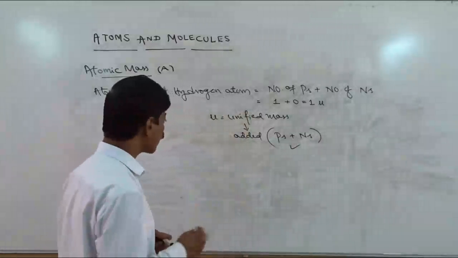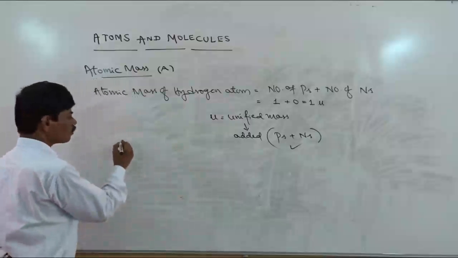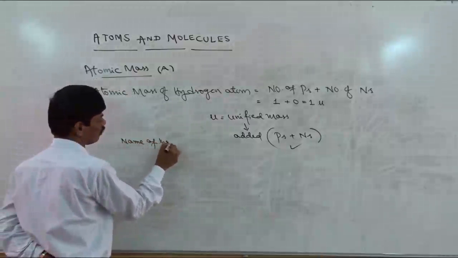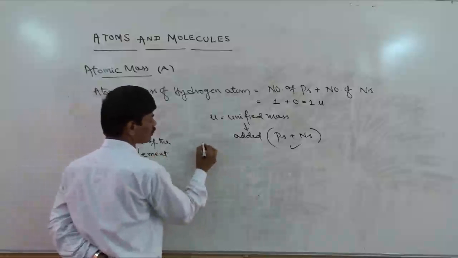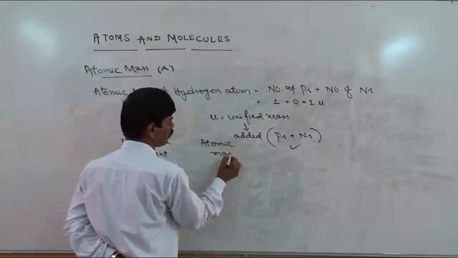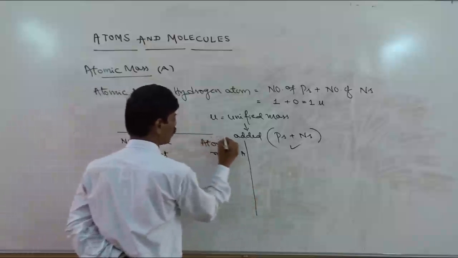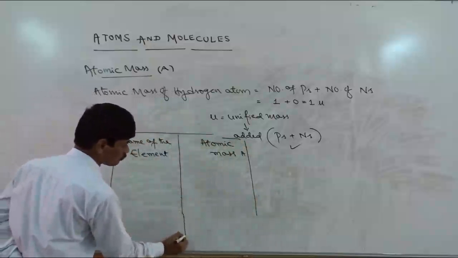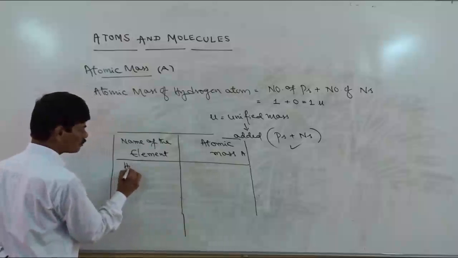Now we will see a small table containing different elements and their atomic masses. First let us see the name of the element. Next, atomic mass, and this is symbolically represented by the letter A, as I told you earlier. Let me start with hydrogen.